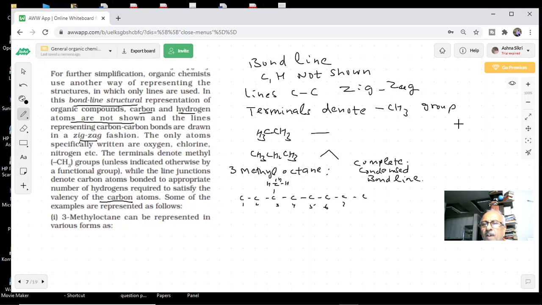If I satisfy the 4 valencies of the carbon, students, what you have is the complete form. Every time the valency of carbon is how much? 4. Okay? Yes, sir. This is my H, this is my H.